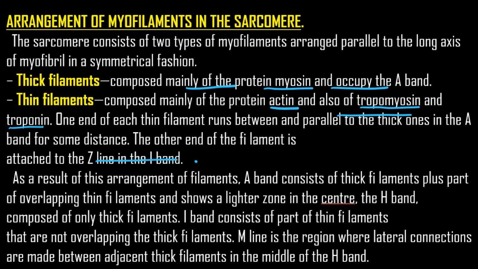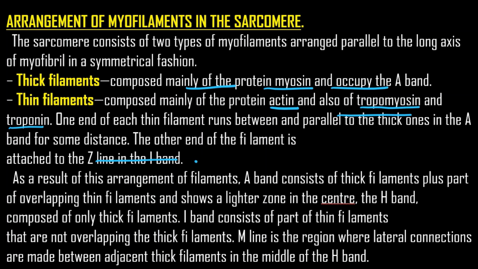But in the thick filaments, you only find myosin. So as a result of this arrangement of the filaments, the A band consists of thick filaments plus part of the overlapping thin filaments, and it shows a lighter zone in the center, which is called the H band.